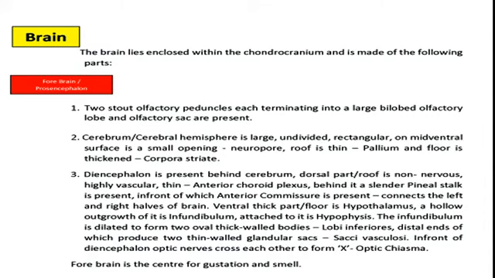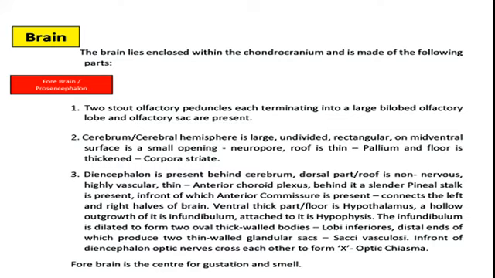A hollow outgrowth of it is infundibulum, and attached to this infundibulum is hypophysis. The infundibulum is dilated to form two oval thick-walled bodies known as lobi inferiores. Distal ends of these lobi inferiores produce two thin-walled glandular sacs known as saccus vasculosus.